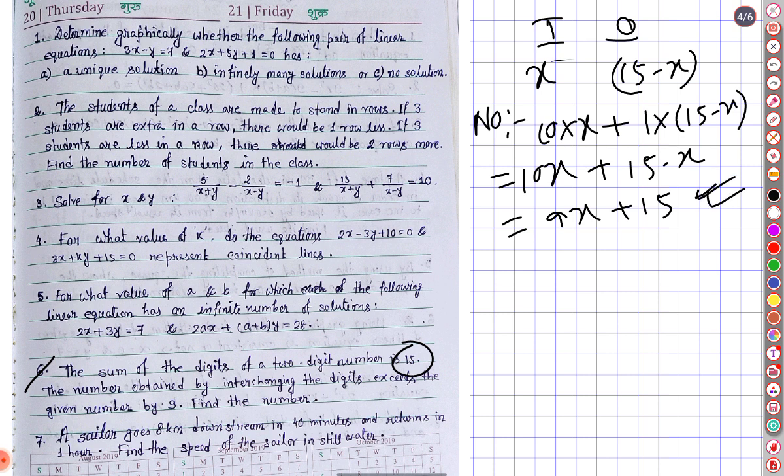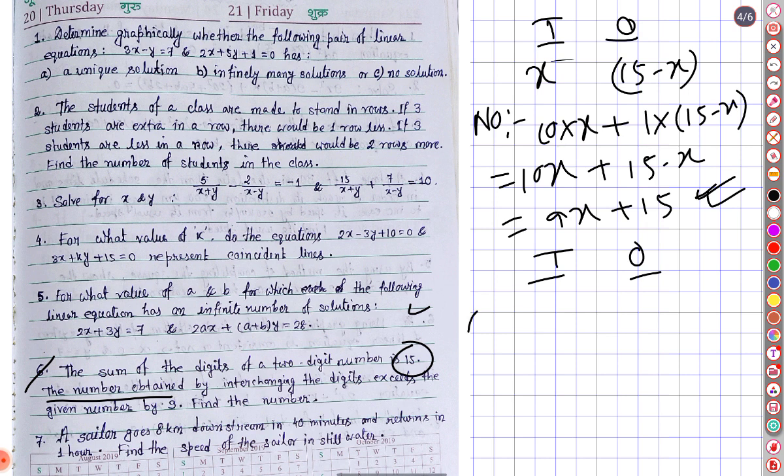Now the next condition is that the number obtained by interchanging the digits exceeds the given number by 9. Means if we interchange the digits, the new number will be more than the original number by 9.